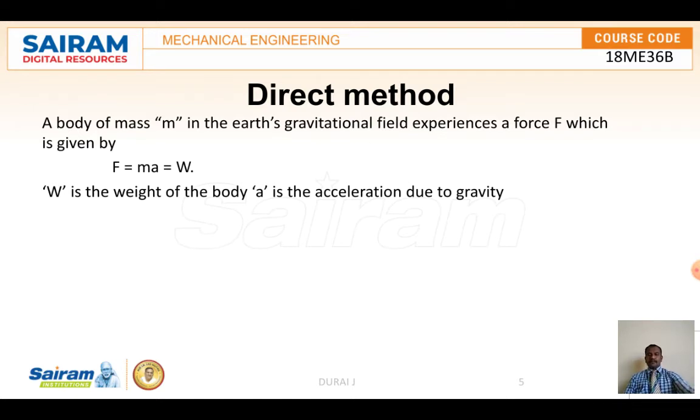In this direct method, any unknown force may be compared with the gravitational force ma on a standard mass m. The values of m and a should be known accurately in order to know the magnitude of the gravitational force.